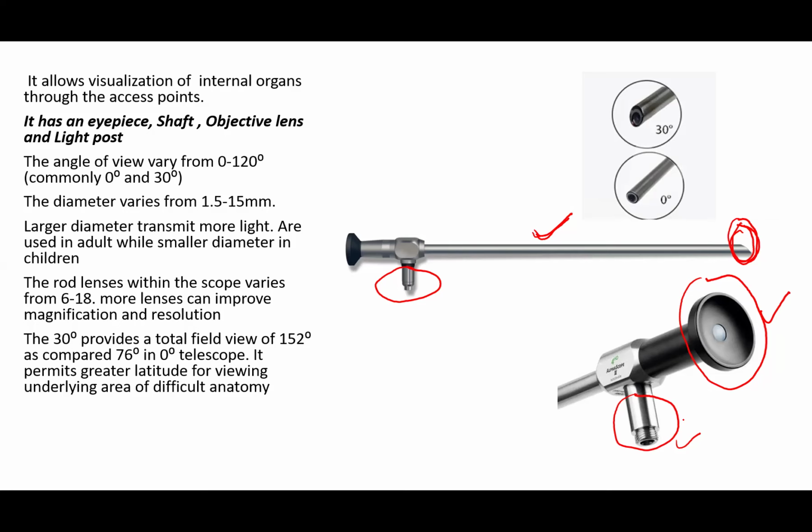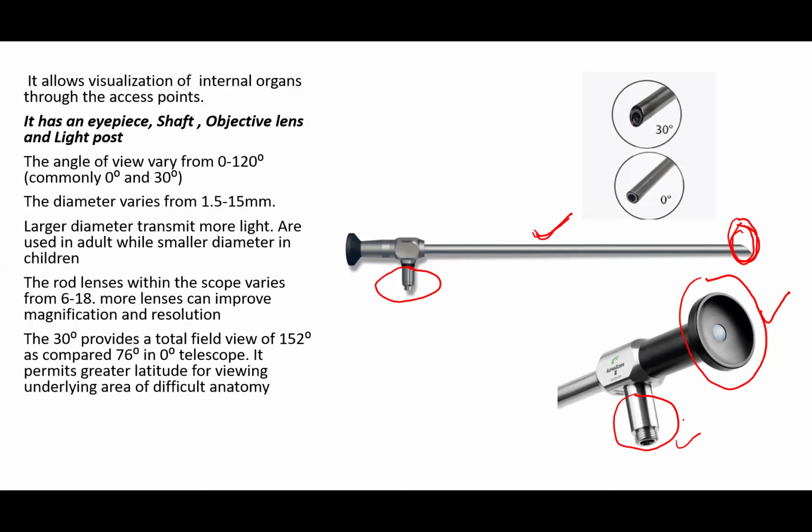In microsurgeries, where you want micro incisions, you can use smaller telescopes in adults. Larger diameter transmit more light, are used in adults, while smaller diameter in children.